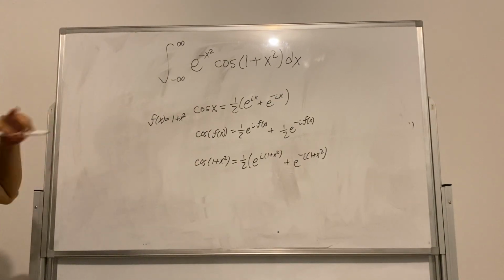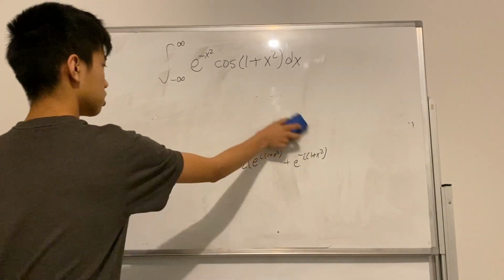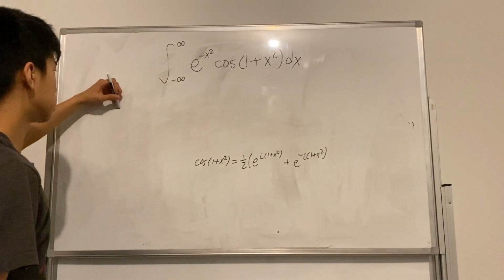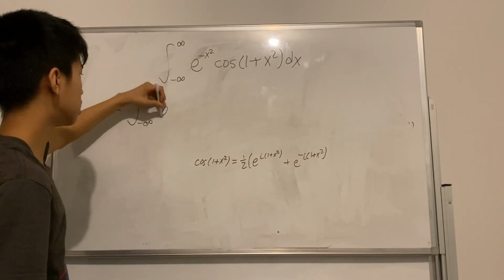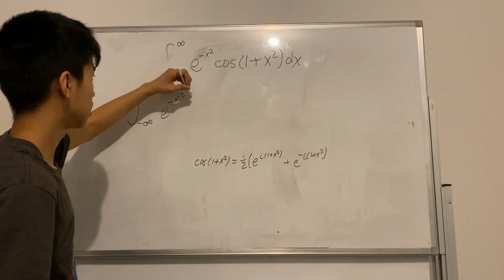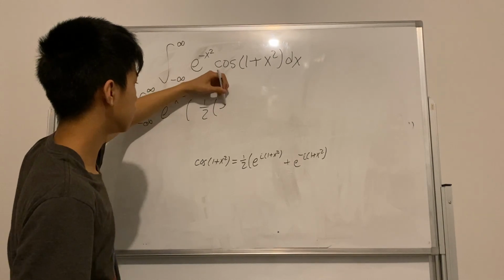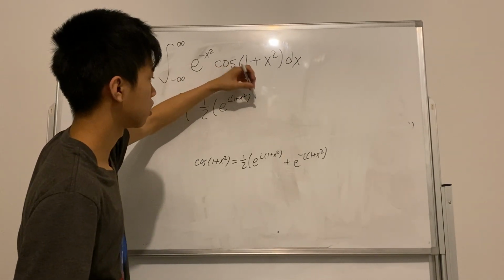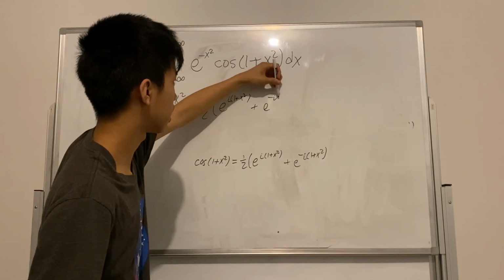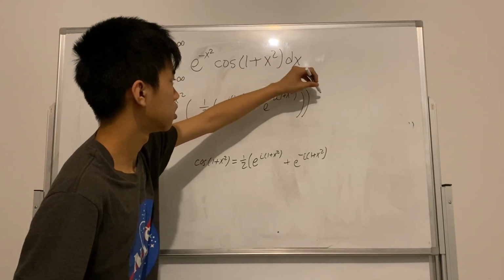So we can plug this into the integral. Let me just get rid of this and put this on top. So this is equal to the integral from negative infinity to infinity of e to the negative x squared times 1/2 times e to the i times 1 plus x squared plus e to the negative i times 1 plus x squared dx.